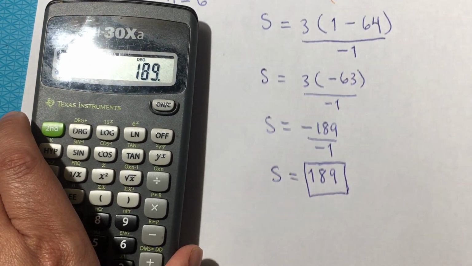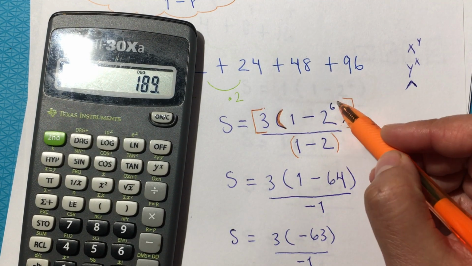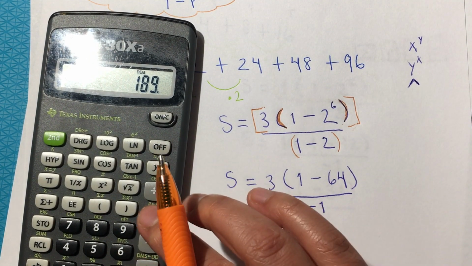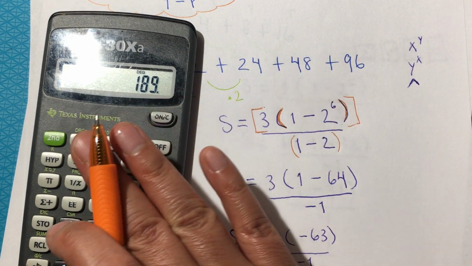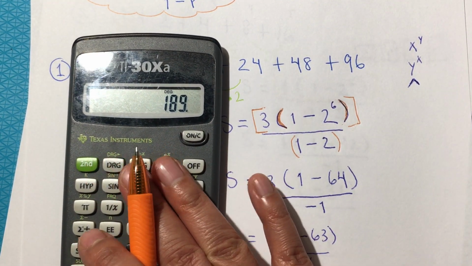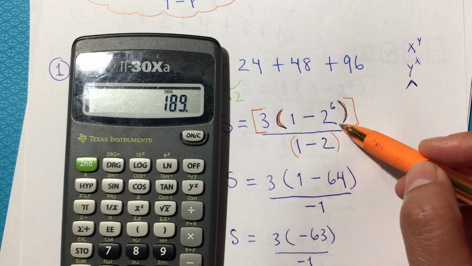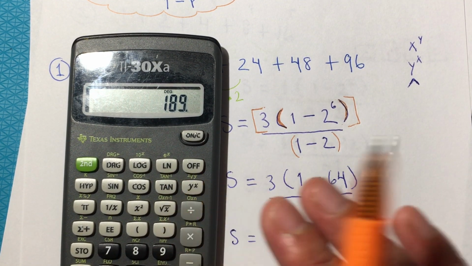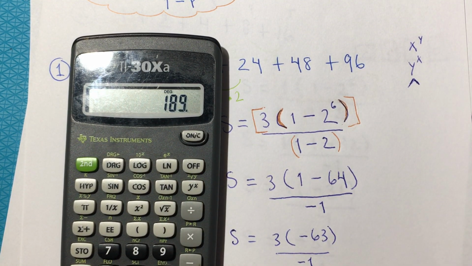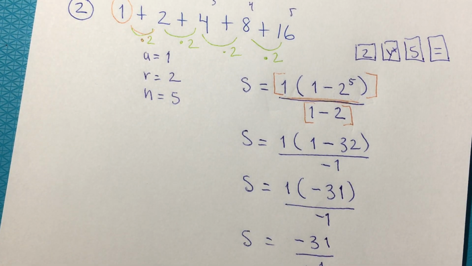See? 189. But you need to include the parentheses when you're pressing. Okay, the rest is just the same, because with scientific calculators, you will do first the parentheses, and as long as you keep those parentheses in there, it'll do everything for you. You just have to make sure you put the correct order.